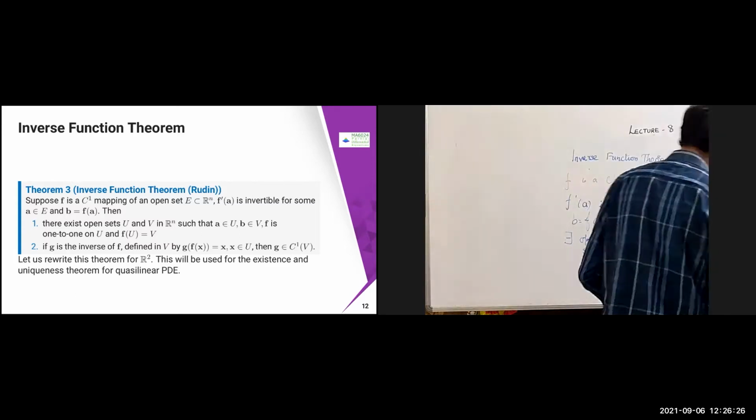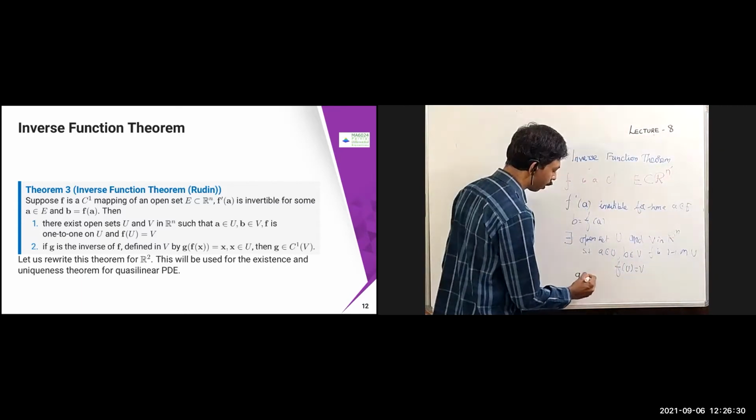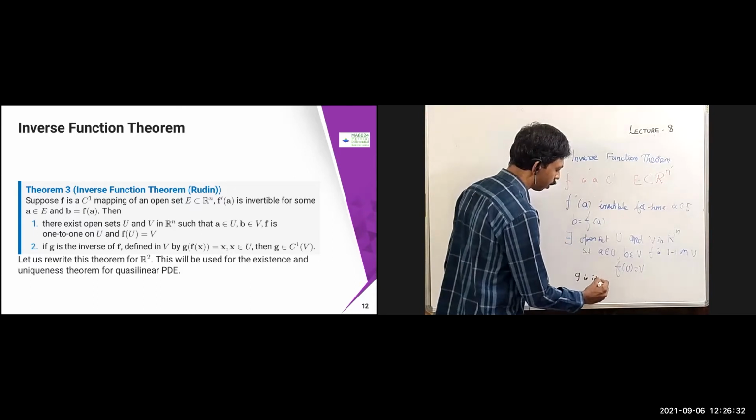The second part is that if G is the inverse of F.